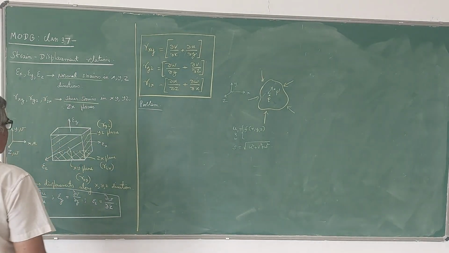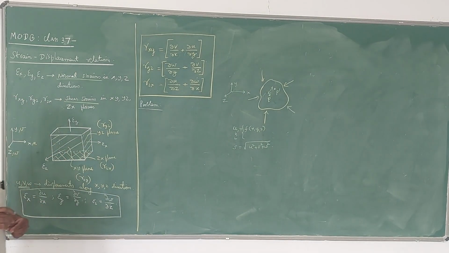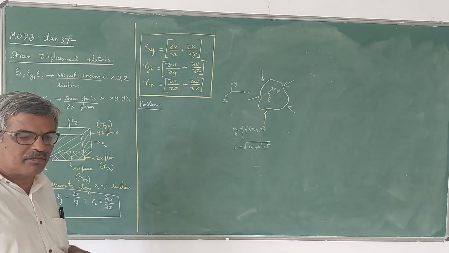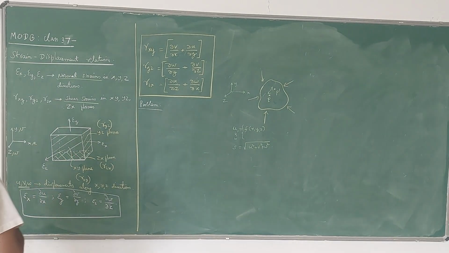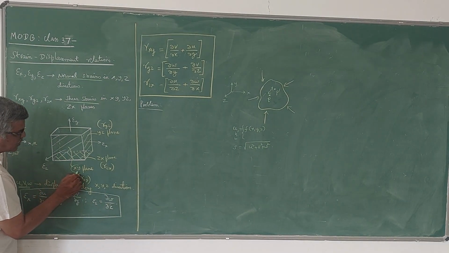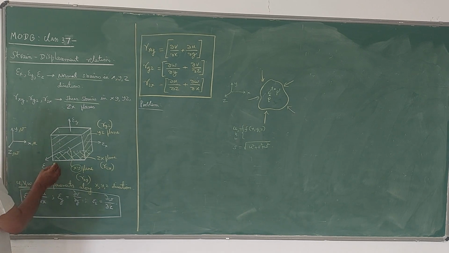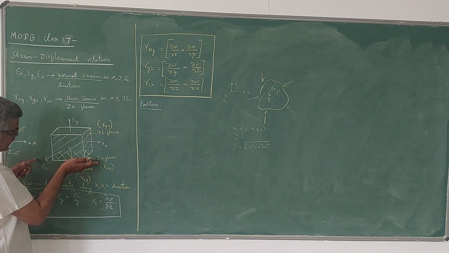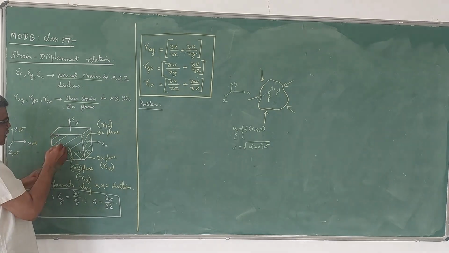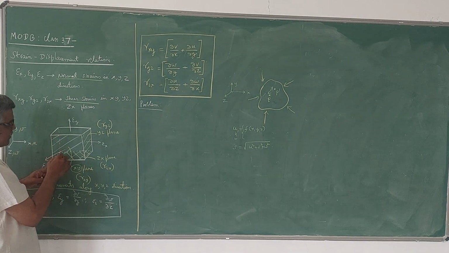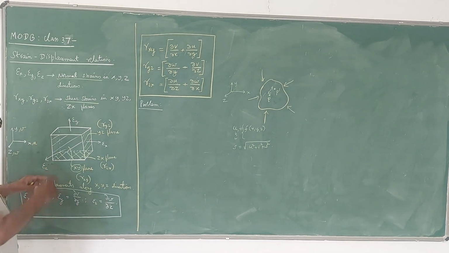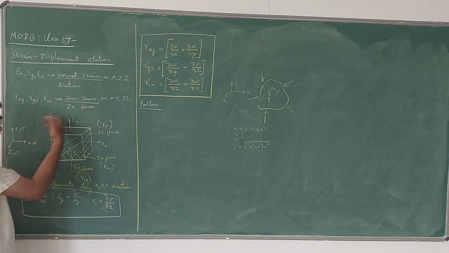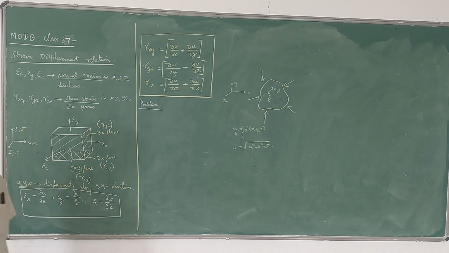Similarly, I will take 3 planes here. One plane is xy plane, second one is yz plane, third one is zx plane. If you take x measured like this, y is measured like this, these 2 dimensions will constitute the xy plane. That means in this diagram, the front face and the back face are the xy planes.